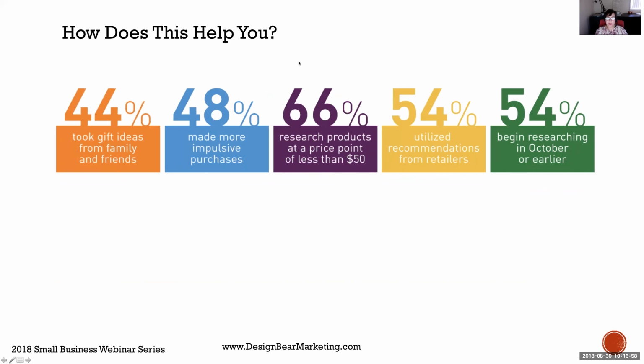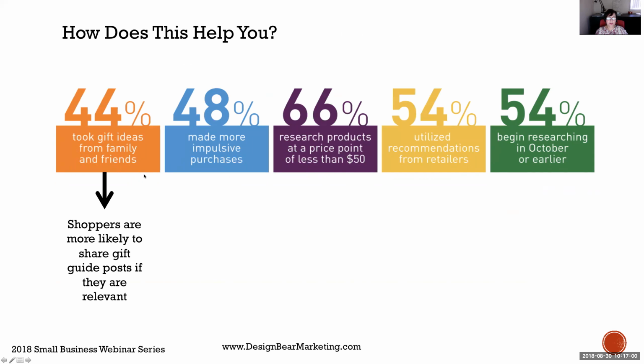So I'm going to break this down a little bit. The 44% took gift ideas from family and friends. Shoppers are more likely to share gift guide posts if they're relevant, right? My family's Italian. We love Italian stuff. So if a gift guide happens to come across for the Italian in your life, I'm going to share it on all my social media because I have family and friends there.